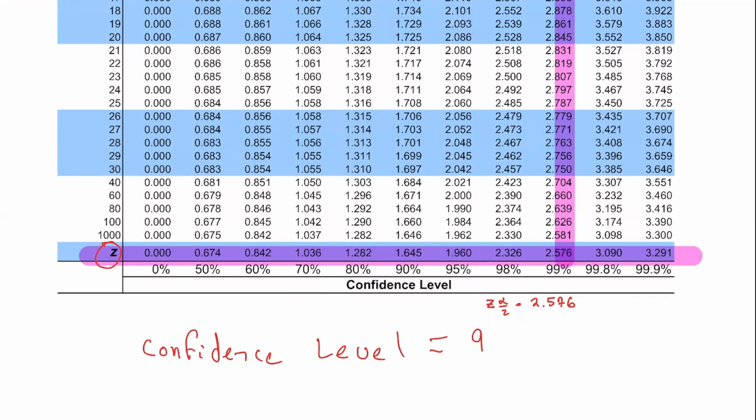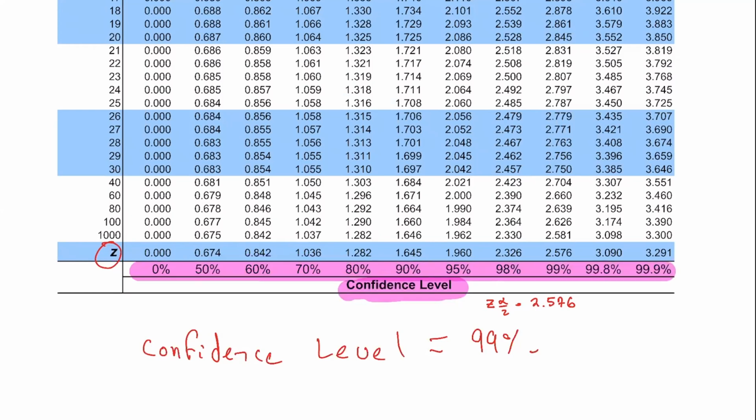So we said it was 99%. If you have the t table with you, if you look right here, it says confidence level. And then it has a different type of confidence level here. So if you look at where it says 99%, and then if you look at the number right above it, it is 2.576. So technically you only need to know the confidence level and just know the number right above it, which is in the Z line. That's gonna be the Z value. And that's it for how to find that critical Z value. Any question how we found 2.576?